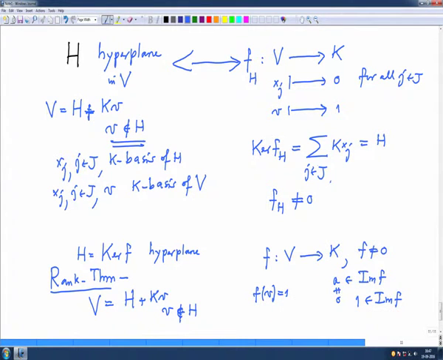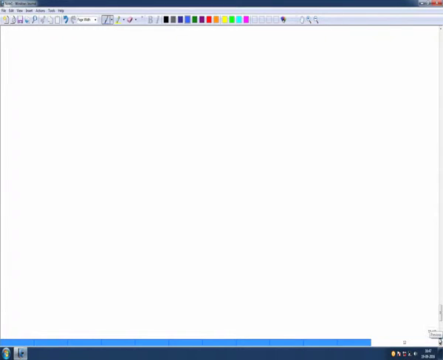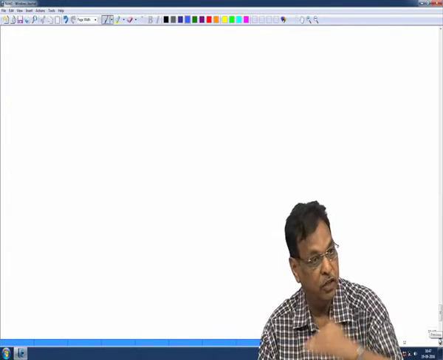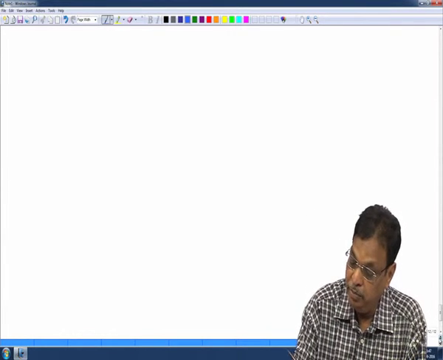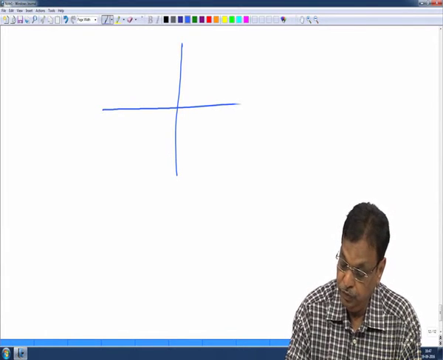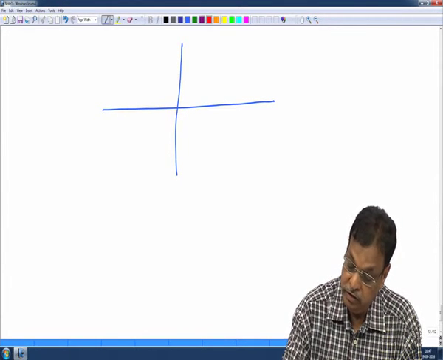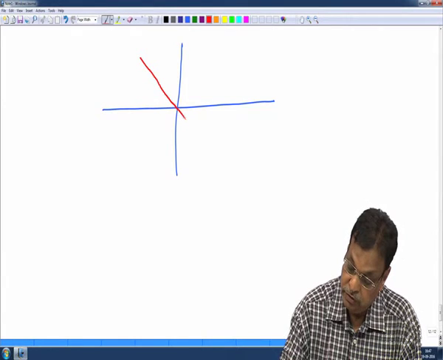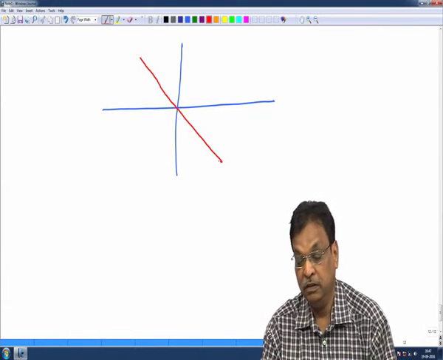All right. Actually, one also needs to study this. I will not do it in this course, but one will also need to study hyperplanes which are not subspaces, but which are parallel. They are translations of the subspaces. For example, I will just draw one picture. Suppose in R2, these are the hyperplanes. Hyperplanes in R2 are lines.